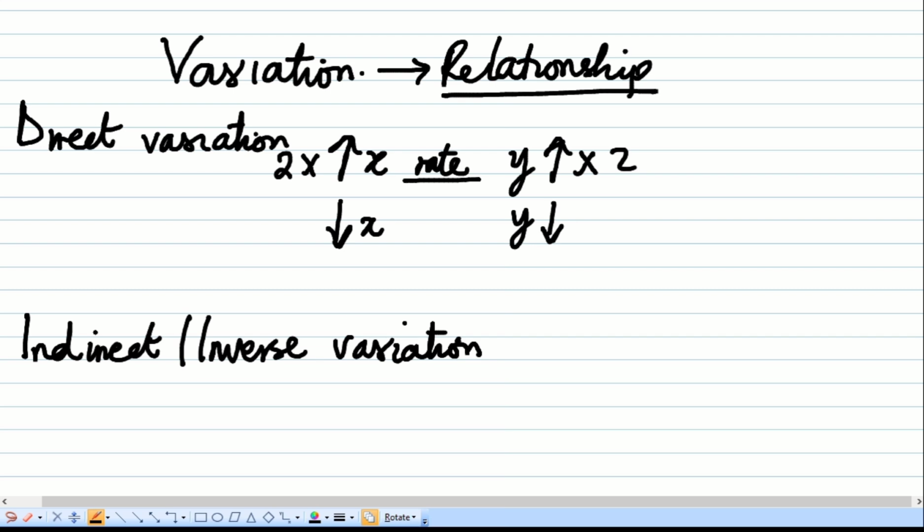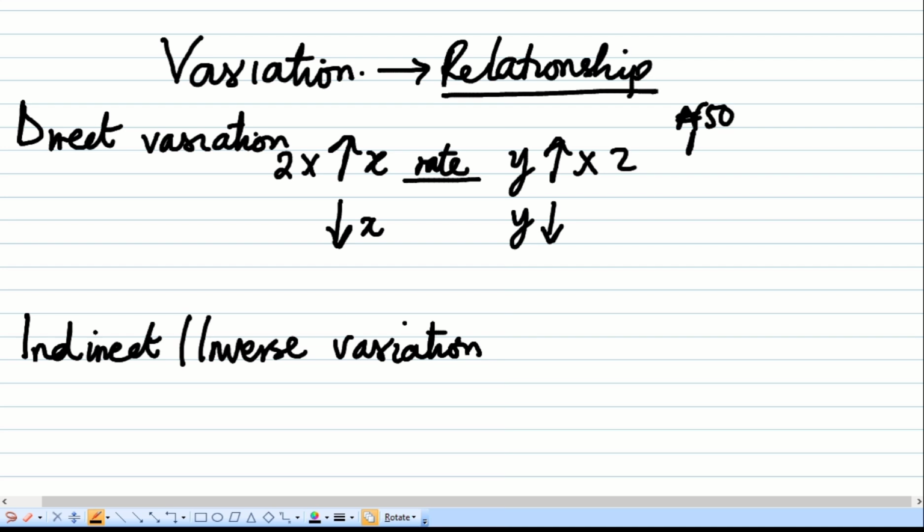Real life example: let's say the price to be paid for a particular commodity will be directly proportional, or will vary directly, as the amount of the commodity. What do I mean? Let's say one biscuit costs 50 naira, right? So the quantity here is one biscuit, while the cost is what? 50 naira.